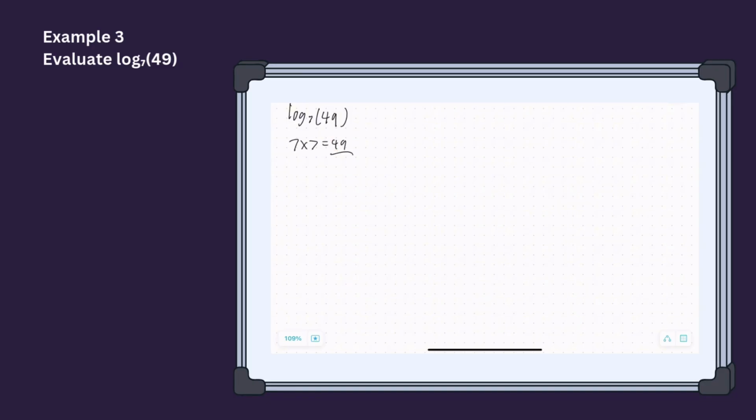So how many times should we multiply that? 1, 2. So 2 times. So our final answer will be log with a base of 7 of 49 equals 2, since we only had to repeat 7 two times to get 49.